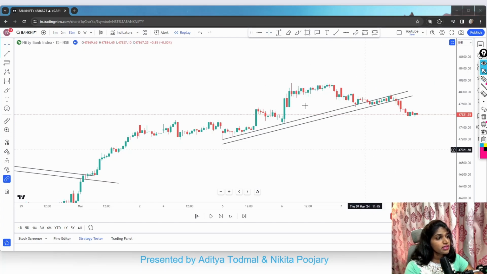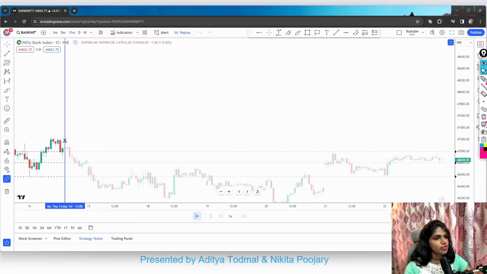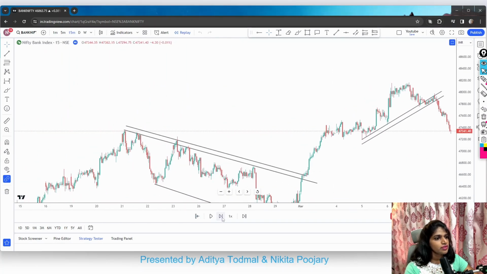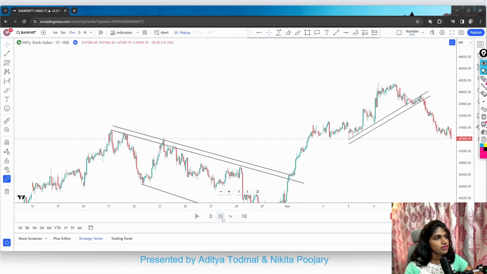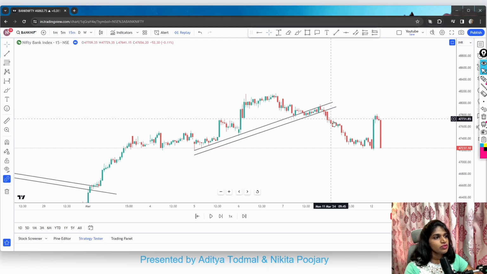Now I have marked this particular chart in replay mode so that we can go and check what happens next. Let's go candle by candle. So sorry, yeah, this was the level, I believe. Can you see this particular move?